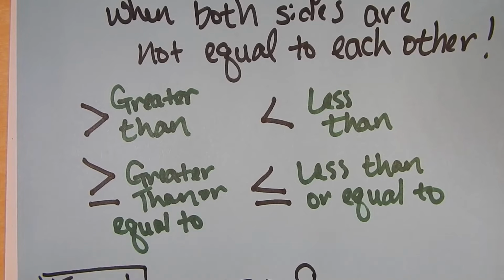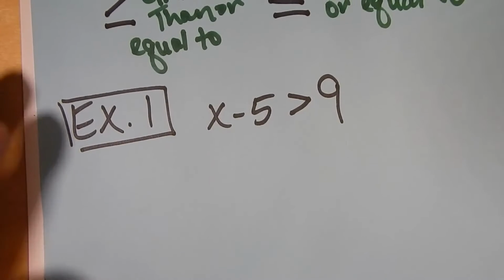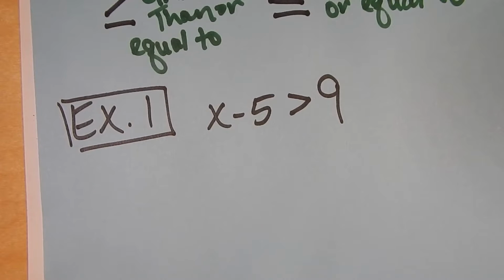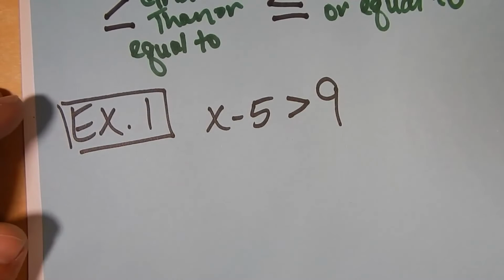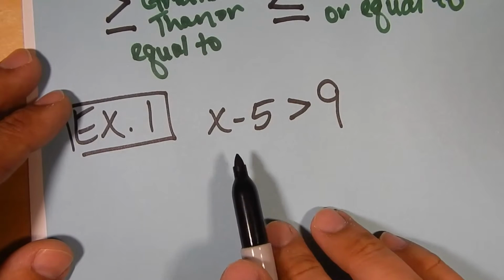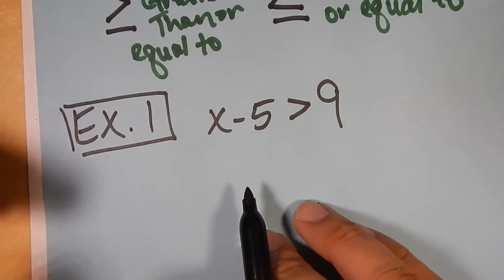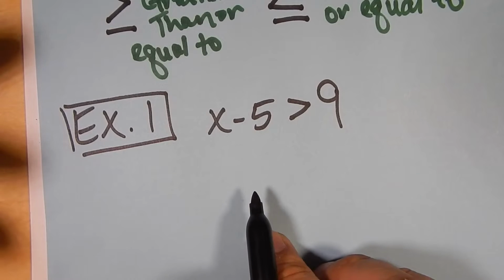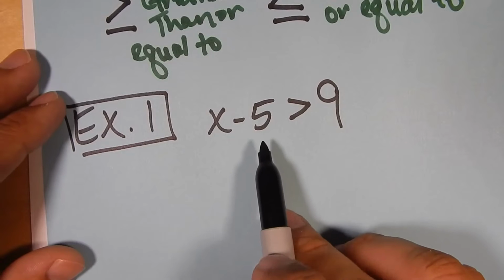So we're going to be solving inequalities, and we're going to be graphing them as well. For our first example, we've got x minus 5 is greater than 9. This symbol means greater than. Now, the way that we approach it is exactly like we would approach an equation.